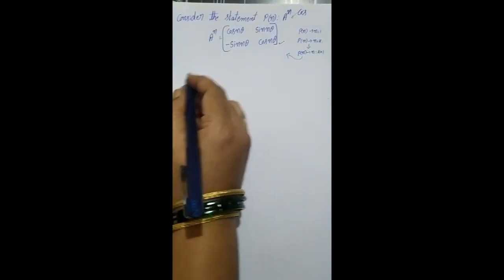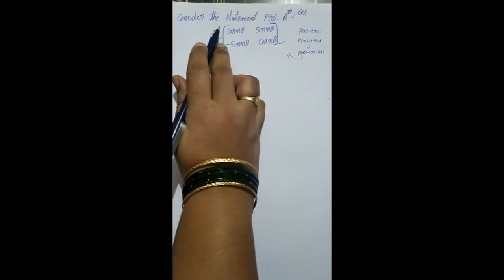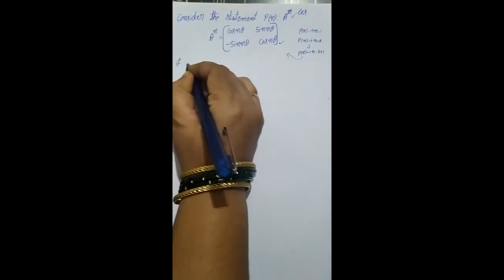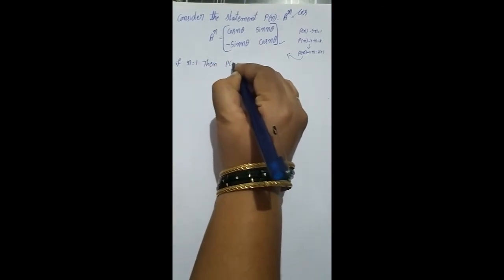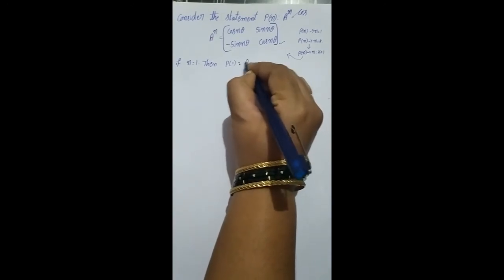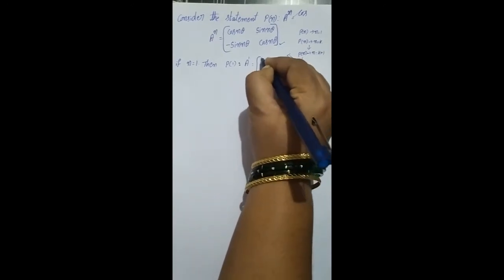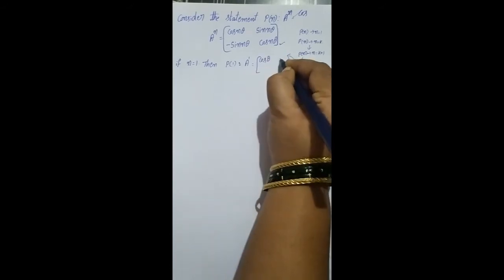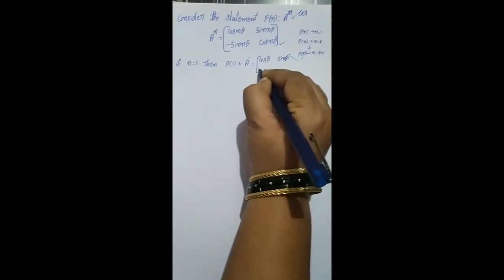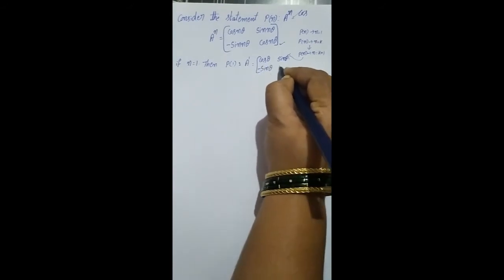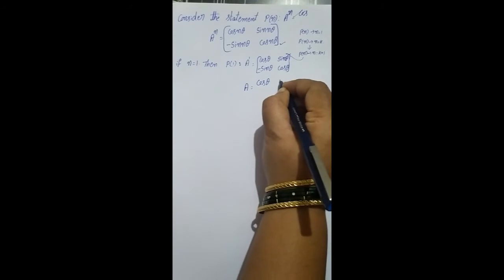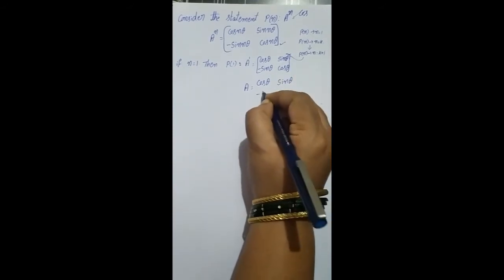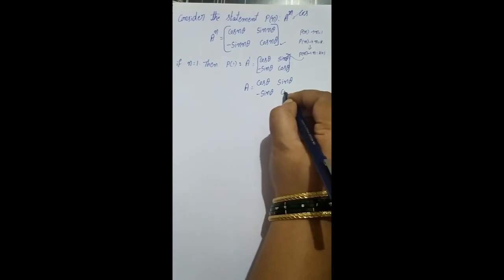For that, first P of n is A power n. If n equal to 1, then P of 1 equals A power 1, that is cos theta, sin theta, minus sin theta, cos theta. That is, matrix A equals cos theta, sin theta, minus sin theta, cos theta.